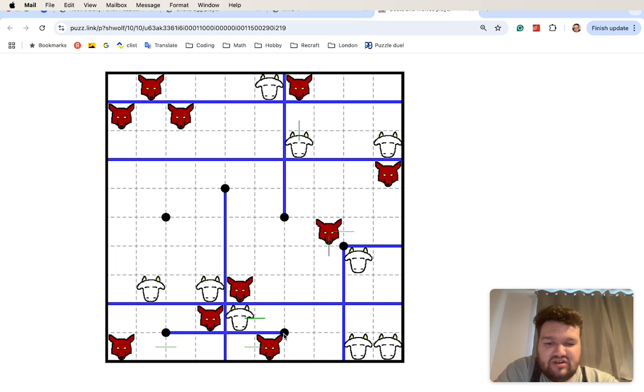From this dot I cannot go right because this will be an empty region, so I can go down or up. From this dot I cannot go up because this will be an empty region.